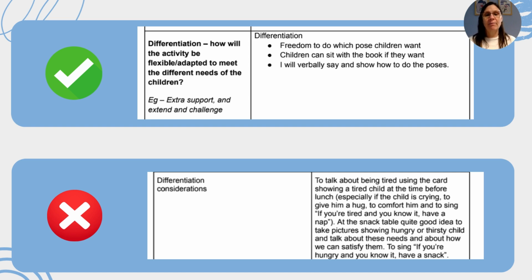So then when we look at the emotions activity, it is talking about being tired, using the card showing a tired child. So this differentiation really doesn't speak to individual children's developmental level or vocabulary level. It is just a lot of words that even the word tired doesn't relate back to the activity.